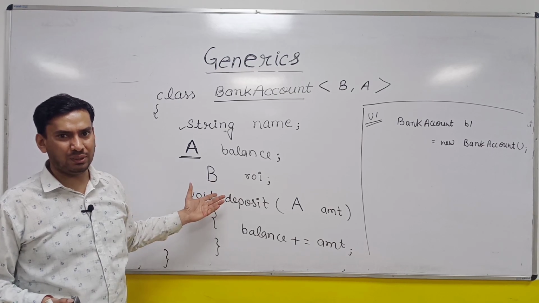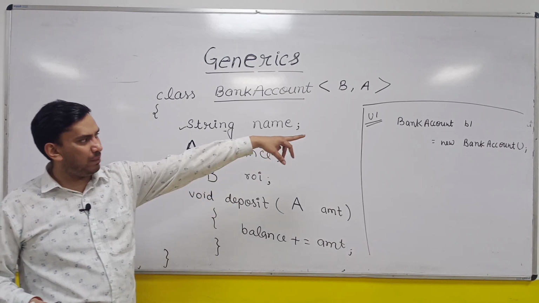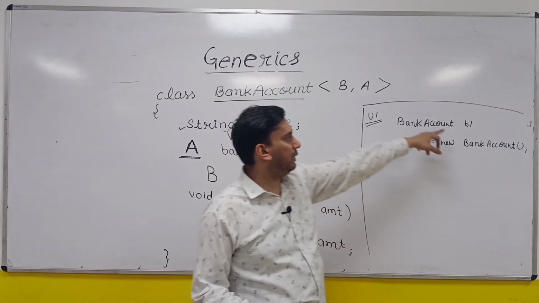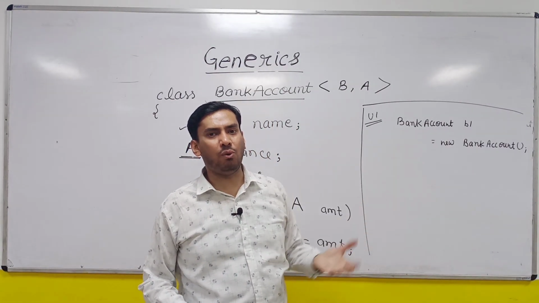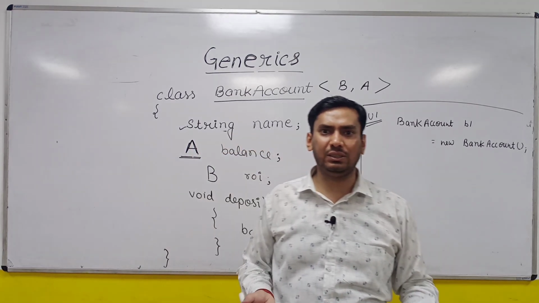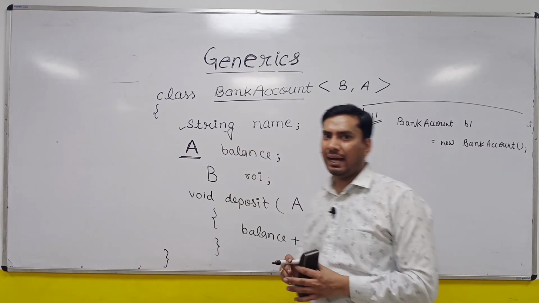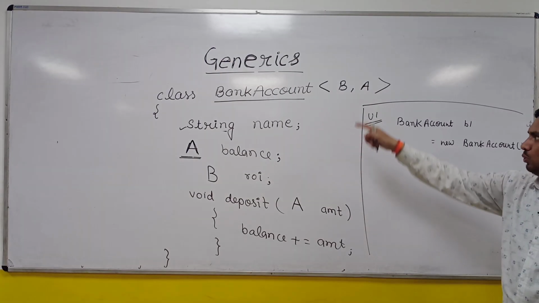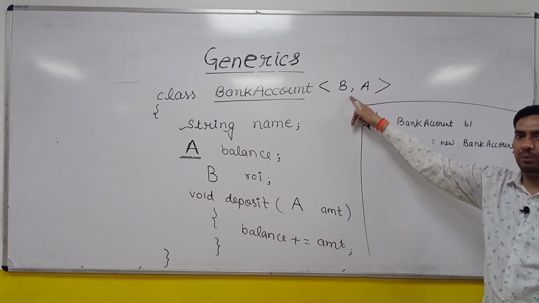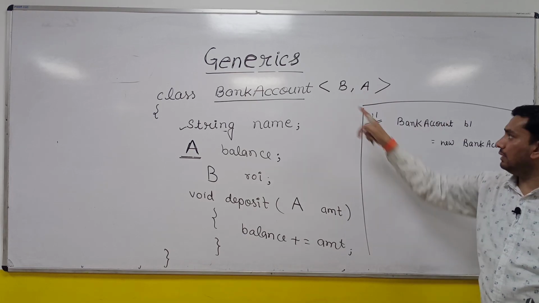This is allowed. Why? Because you have not specified the type of B and A. So to resolve this warning, what is expected from JDK 5 onwards is that when you create the object of your generic class, you must specify the type of those parameters in the same order.